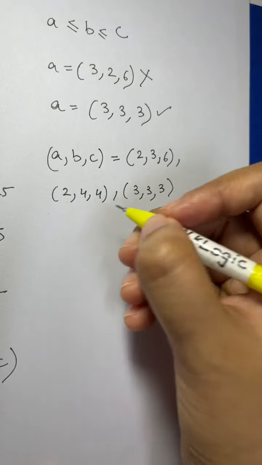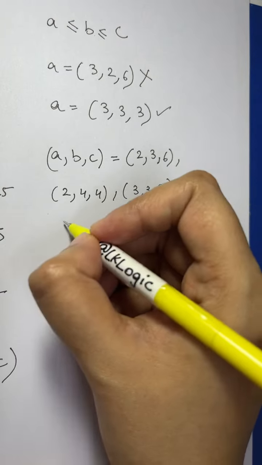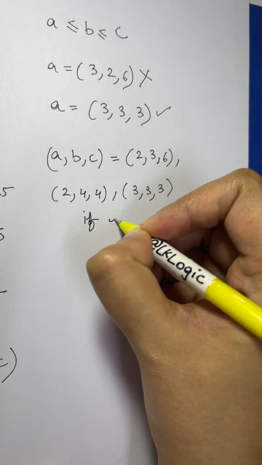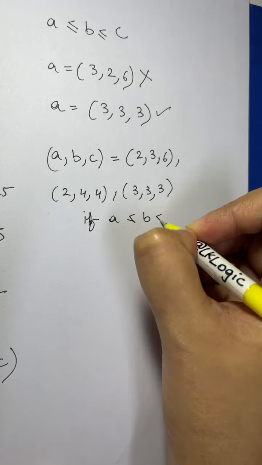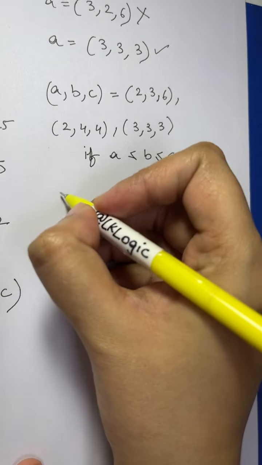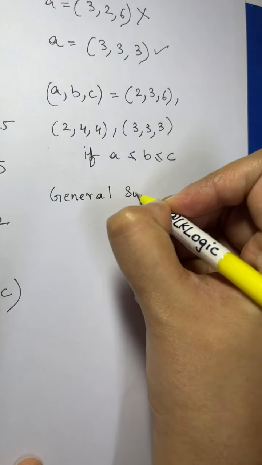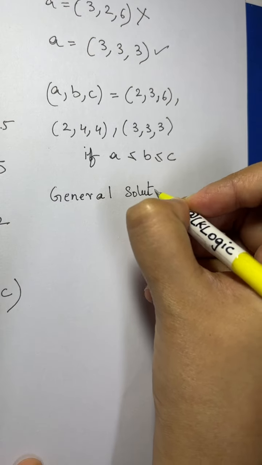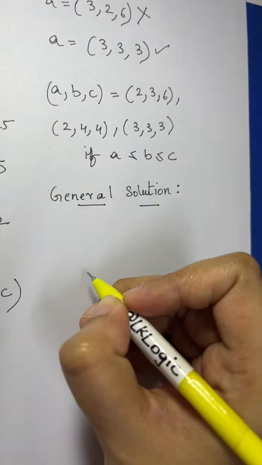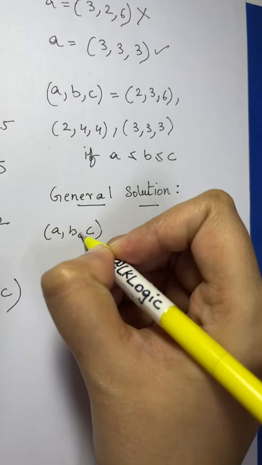This is if A is less than or equal to B is less than or equal to C. So the general solution for all these A, B, C's, let's write down.